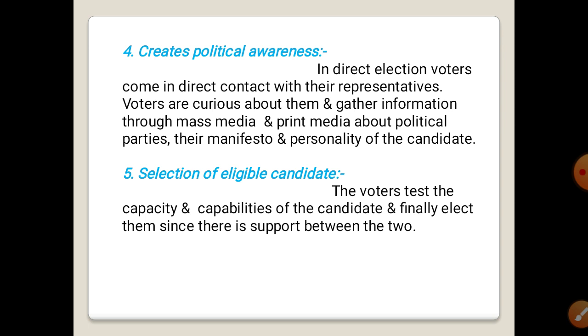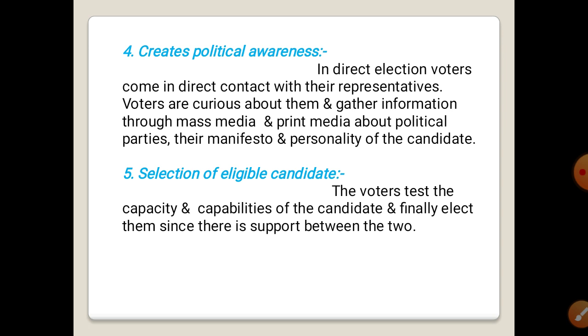Fifth, selection of eligible candidate. It is everyone's freedom to choose their candidate as per their wish. The voter tests the capacity and capabilities of the candidate and finally elects them.